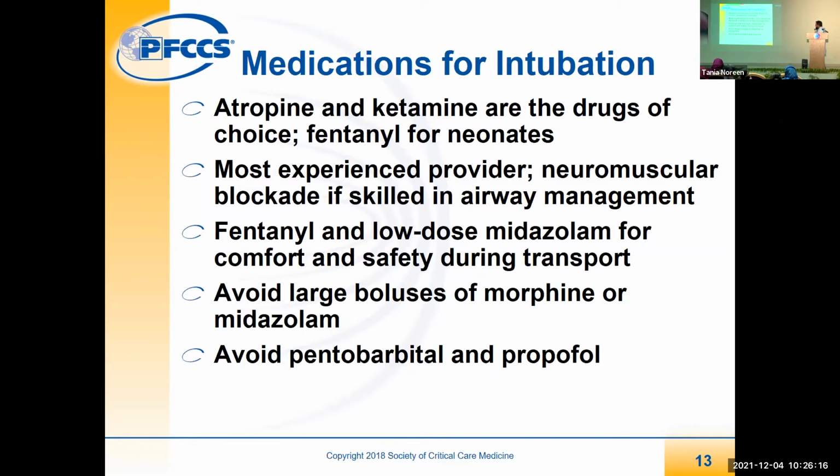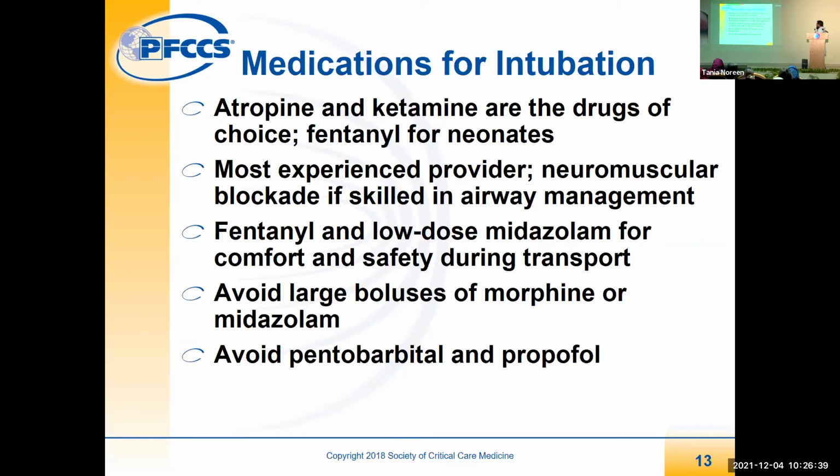There are certain pre-medications like atropine that will decrease the excessive secretions, which is a side effect of ketamine. Ketamine is actually the drug of choice for hemodynamically compromised patients. Some people don't use it for neonates, so fentanyl is the alternative.